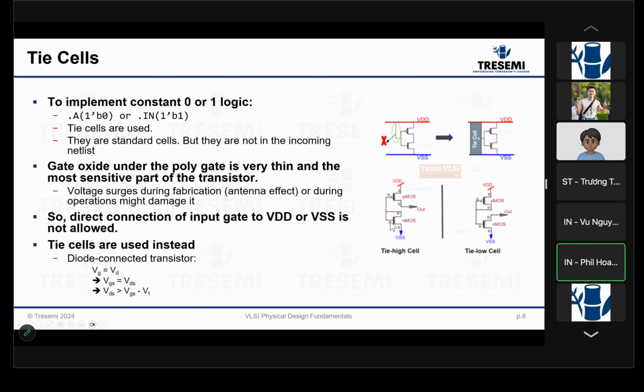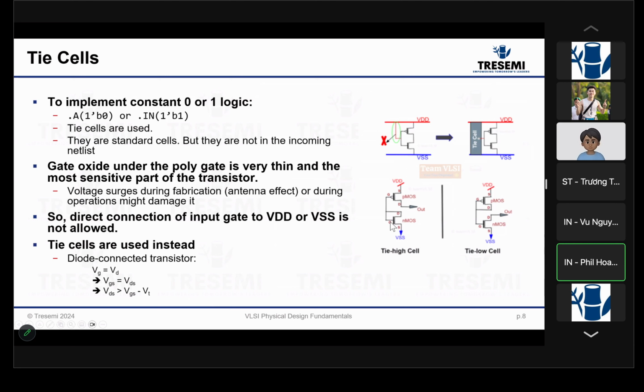So therefore, VDS is higher than VGS minus VT. If you look at the transfer curve, that means that the transistor here is in saturation. So that means that this node is always at 0. If this is always at 0, then it will turn this gate always on. So out is always at VDD. So out is still 1 like this.